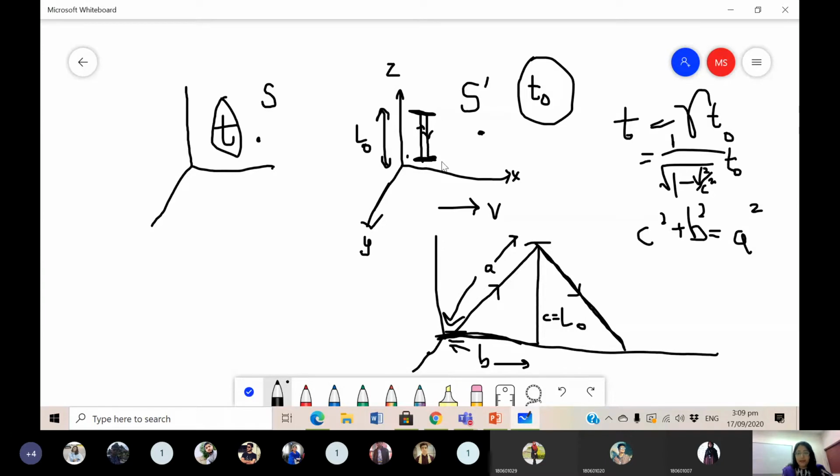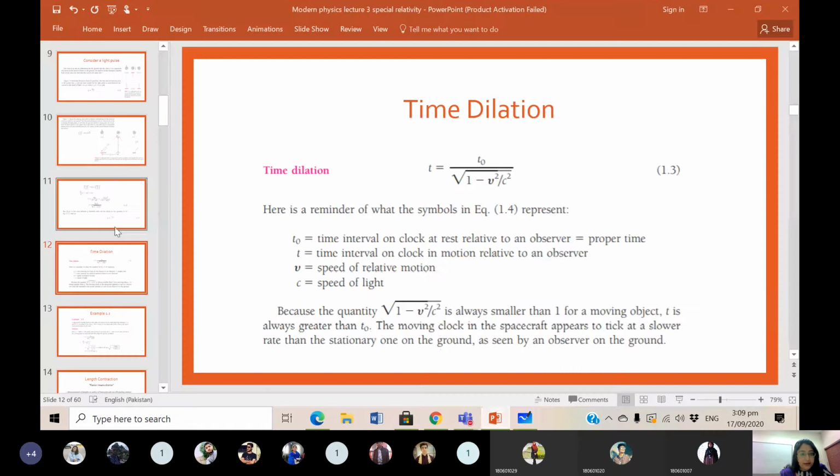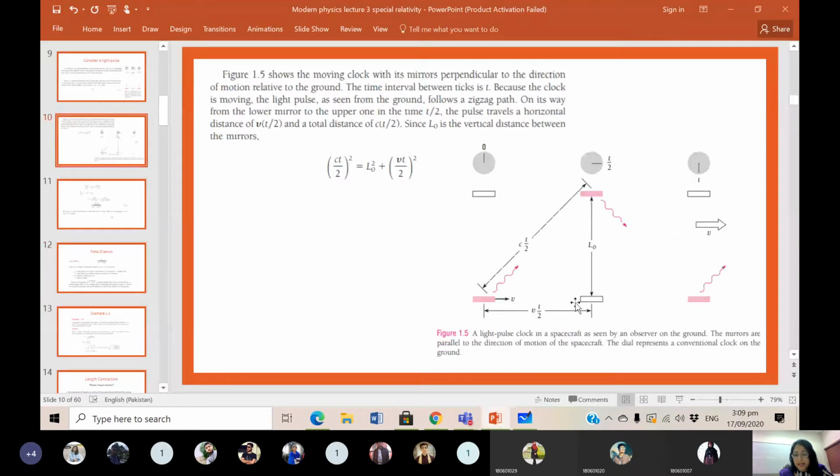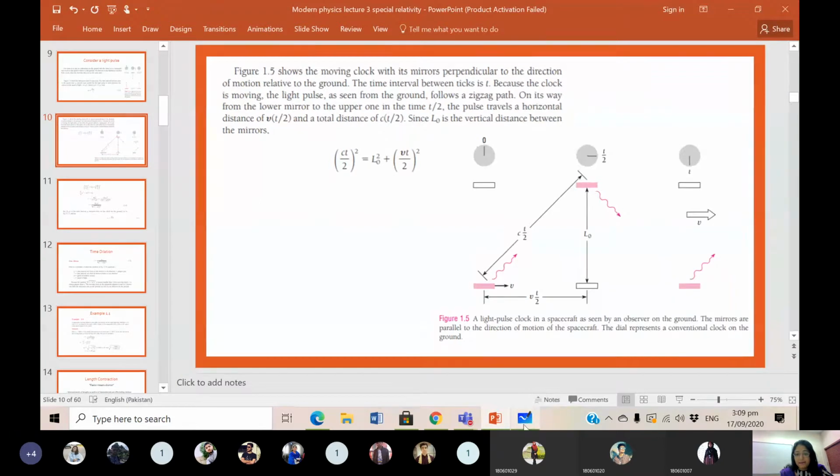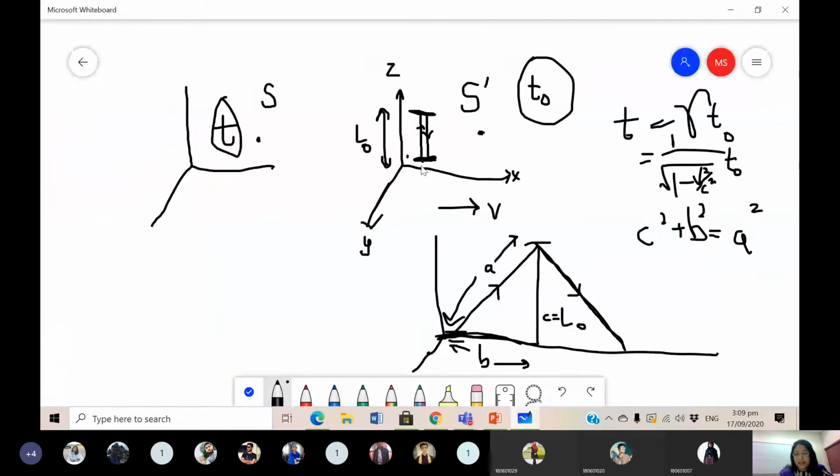So now what will our B be equal to? Let's go back to the PowerPoint. This distance B, because this frame is moving at velocity v and the time is t naught divided by 2 to move half of this distance. Because यहाँ से लेके यहाँ तक आने के लिए total time is t0, तो यहाँ से लेके यहाँ तक t0 divided by 2 हो गया ना?